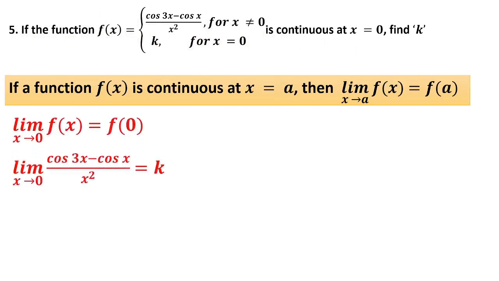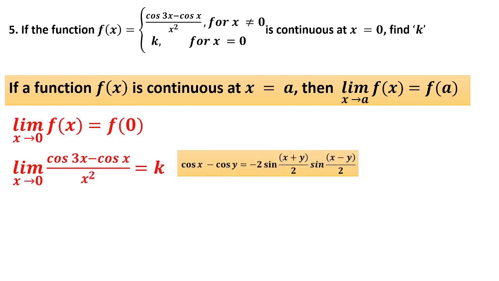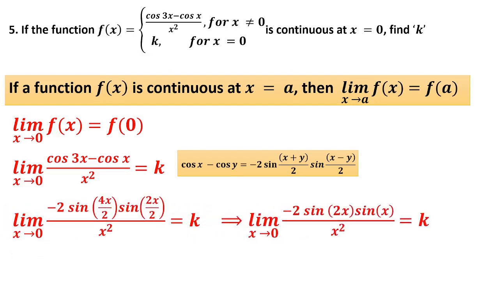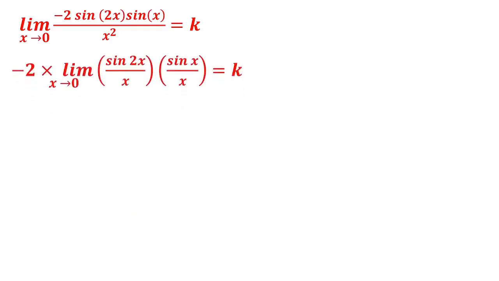Therefore, limit x goes to 0 I am finding. Now in the numerator I have cos x minus cos y. I am using the formula minus 2 sin (x plus y) by 2, sin (x minus y) by 2. Therefore, I get minus sin of 2x into sin x, equal to k. I have to split it into two standard limits, sin 2x by x and sin x by x.